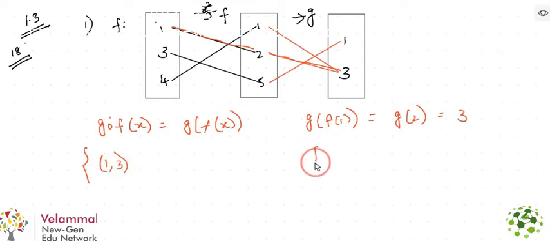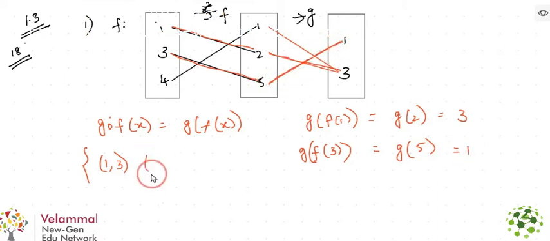Same way, we are going to find g of f of 3 because 3 is the second element. This is g of, what is f of 3? 5. And what is g of 5? It is 1. So where does 3 go to? 3 goes to 1. And finally, g of f of 4. What is f of 4?